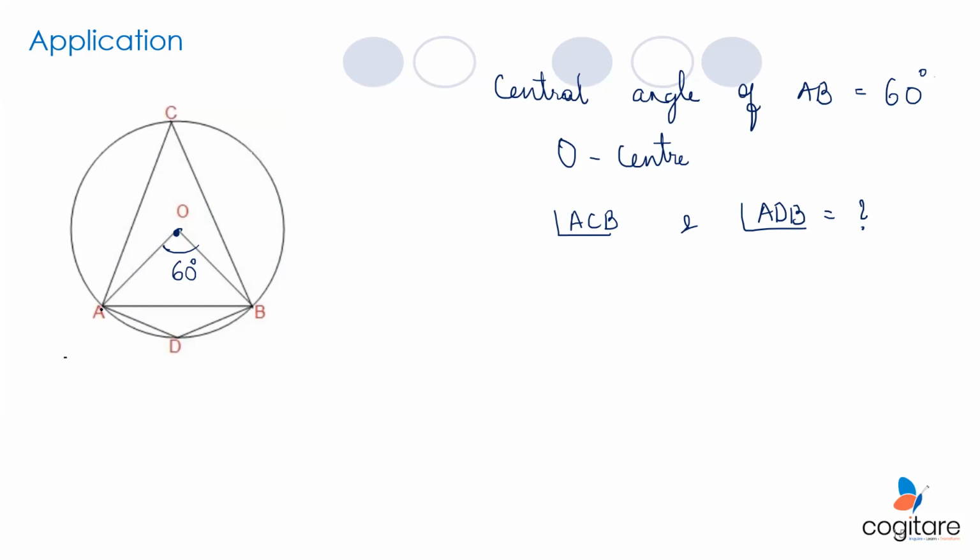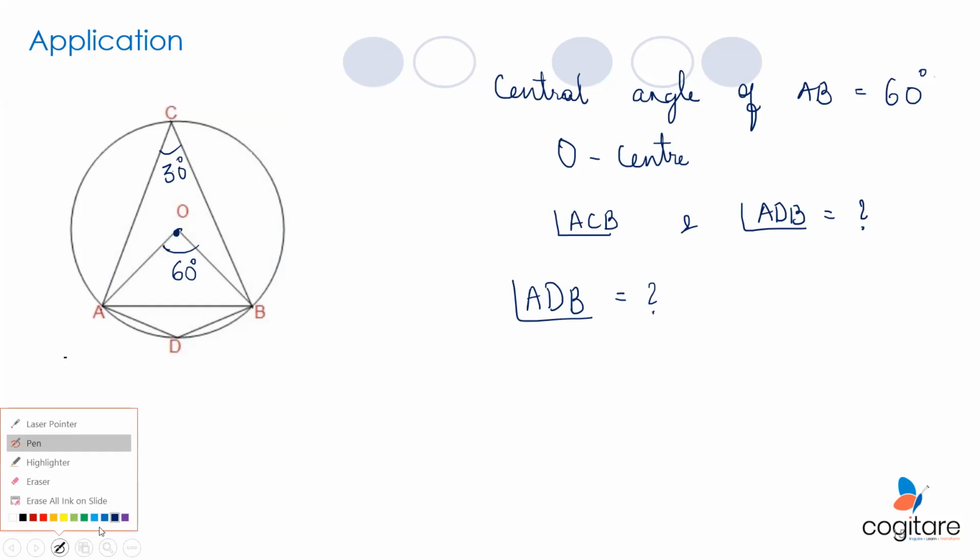Otherwise, look here, you have ACB is half of AOB. So this is 30 degrees, right? Now, what about angle ADB? There are many ways to do this. But for now, observe that we look at the major arc, or the reflex angle of this arc.